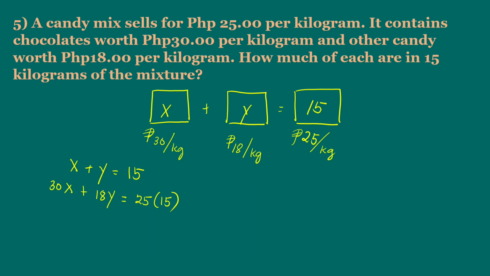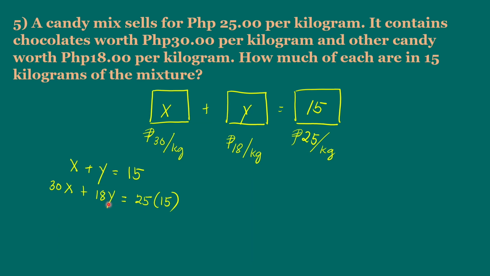So, ang ating scenario dito is that there is a chocolate variety here, 30 pesos per kilogram. So, para siyang in a way, cost analysis na hindi sana dapat tayo malulugi pagka nagbenta tayo, no po? Yan. So, ganyan siya pwedeng gawin. So there's 18 pesos per kilogram of another kind of candy.